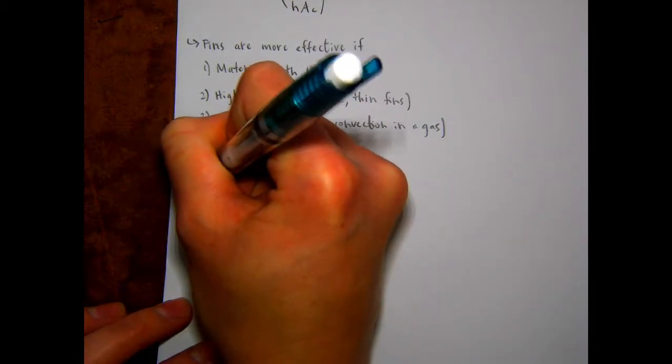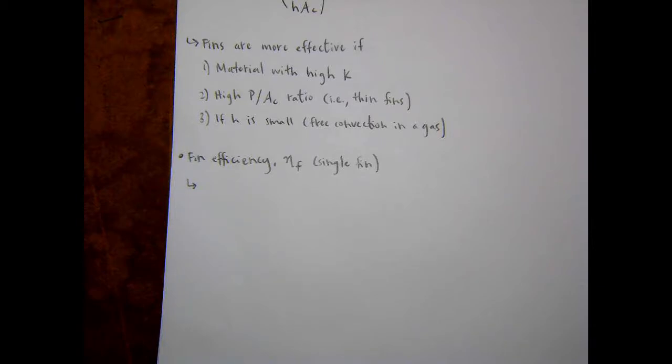So here the efficiency is defined as the ratio of the actual fin heat transfer rate to the maximum possible fin heat transfer rate. Previously with effectiveness we had the heat transfer rate divided by what the heat transfer rate would be if there were no fin, and this is the actual rate divided by the maximum possible.